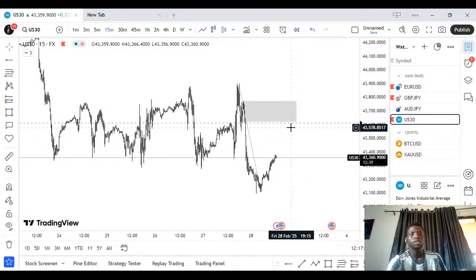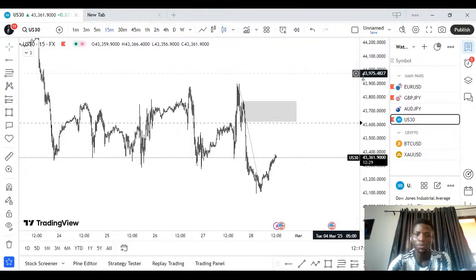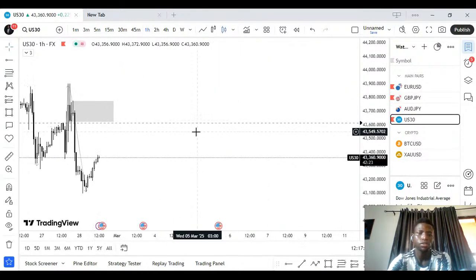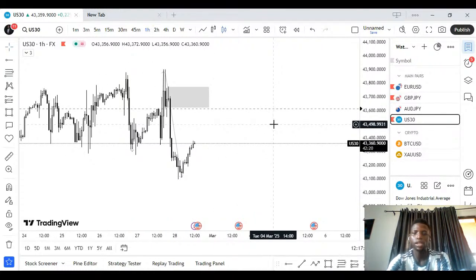Why? The account that is signed into TradingView here is also signed in through my TradingView app on my phone, so they can communicate. So as soon as price hits it, I get an alert. 100%, I get an alert. So that's basically how to set an alert.